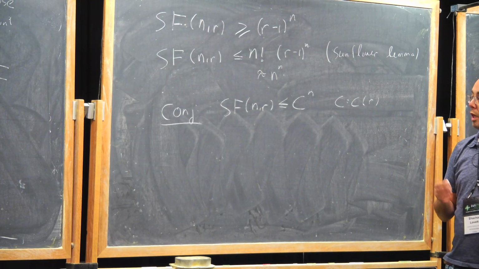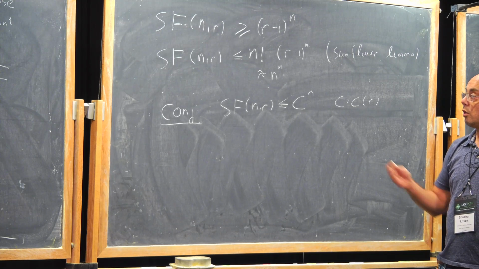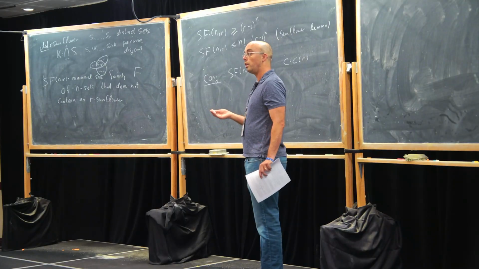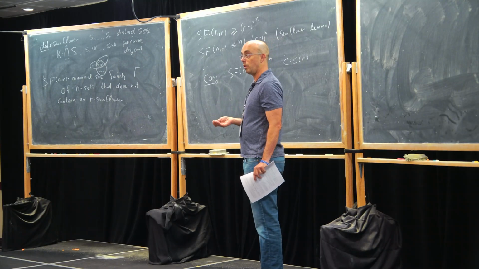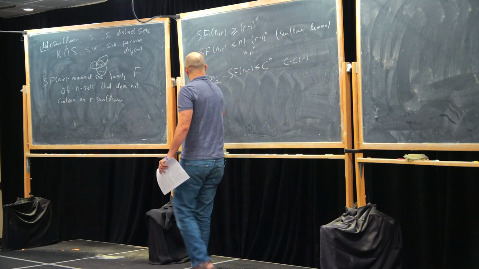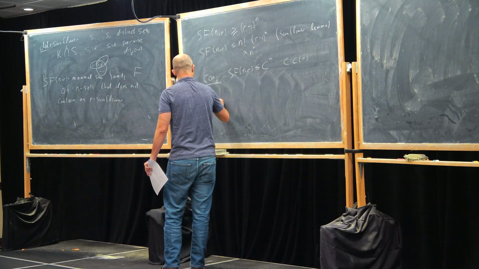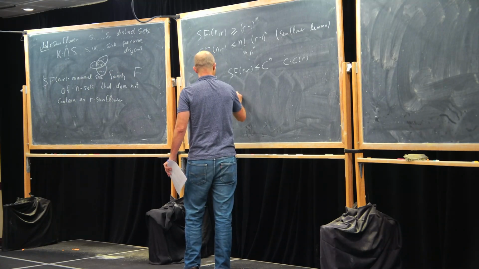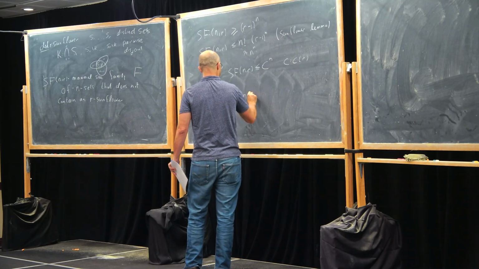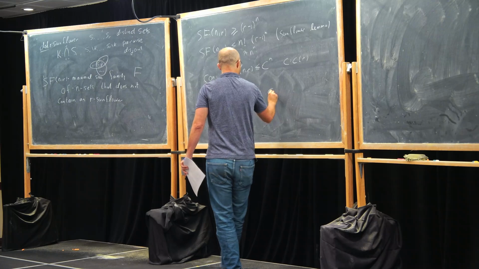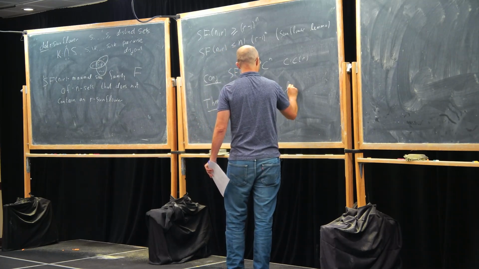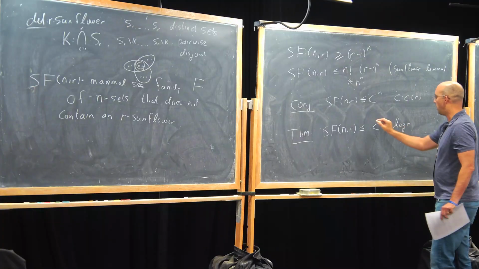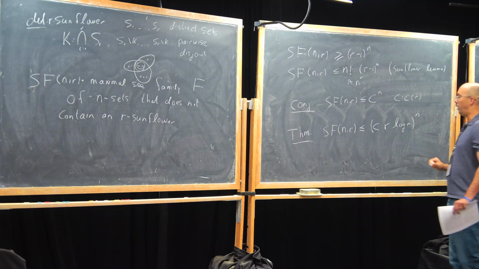And what we're going to see today is not how to solve this conjecture. This is still open, but how to make progress towards this conjecture. So the theorem that I want to tell you about, and we're going to see a full proof of it today and tomorrow, is that you can get an improved bound, which is at most (C R log n) to the n.